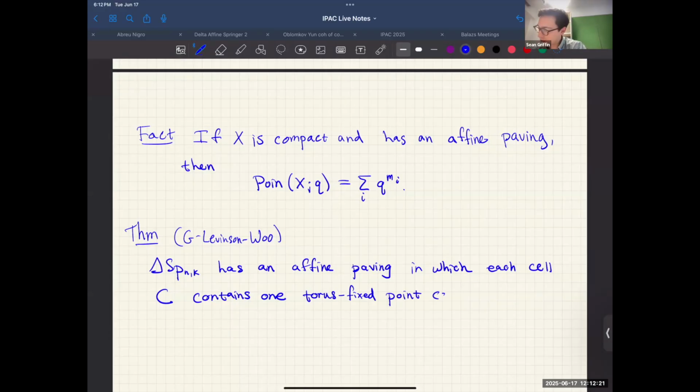And the torus fixed point corresponds to some leaning stack word labeled Dyck path with area 0.